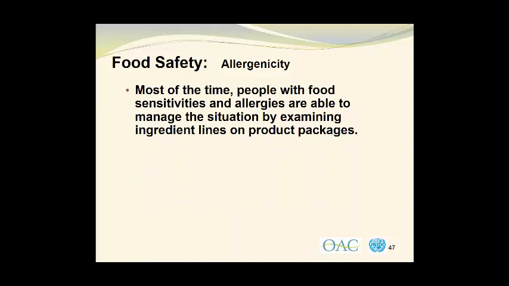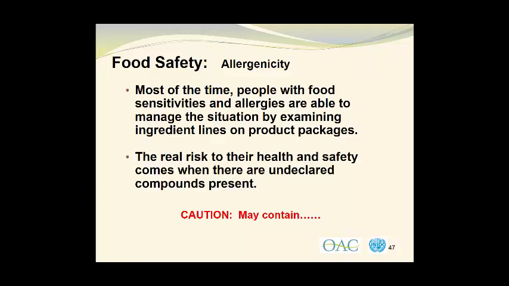Most of the time, people with food sensitivities and allergies are able to manage the situation by examining ingredient lines on product packages, which often have cautionary notes saying that the product may contain various proteins or milk products or other things which have been identified as causing allergenic responses. The real risk to their health and safety comes when there are undeclared compounds present.